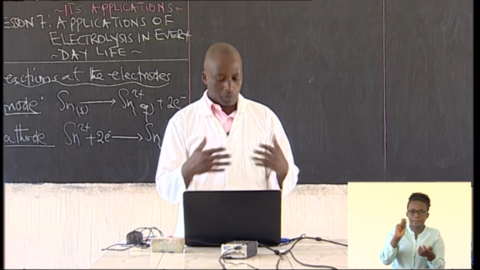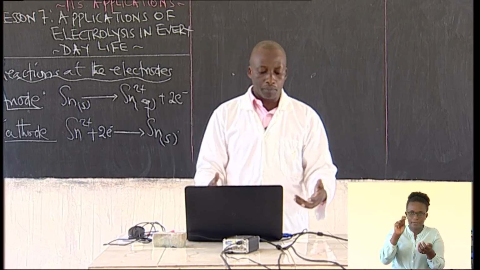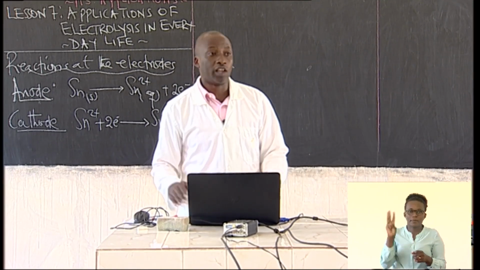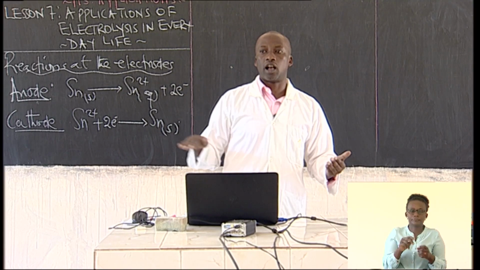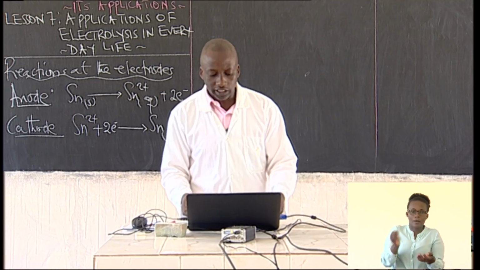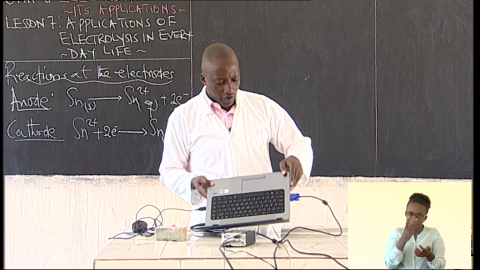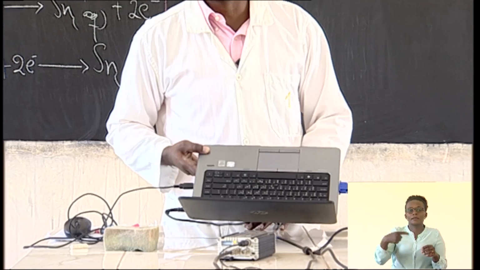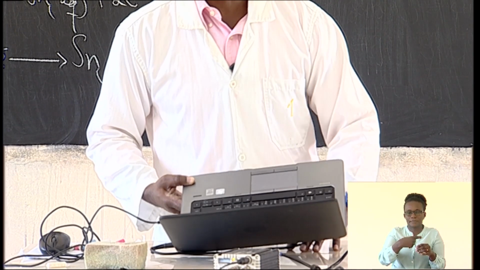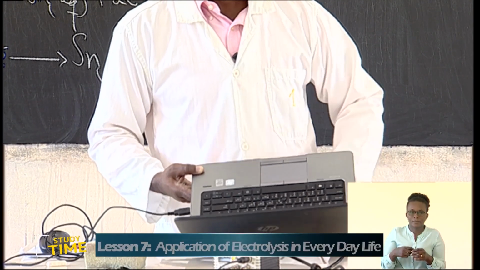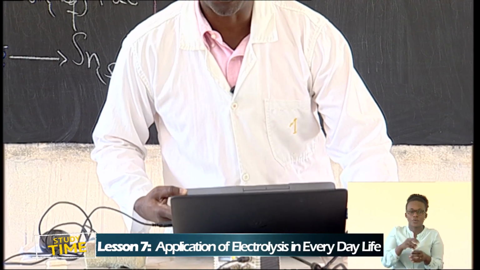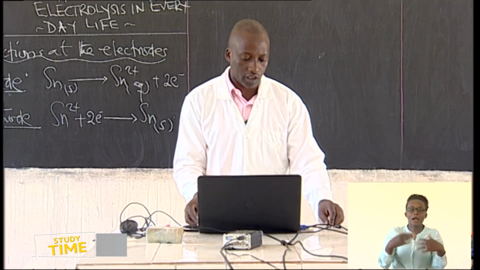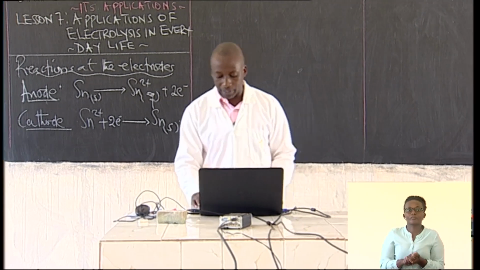So that one, it is also done. Even some machines. When you look at the laptop, there is some silver covering. When you look at the cover over here, there is some silver covering. And how do they do this? It is with electroplating. So electroplating is commonly used in industry for such purposes.